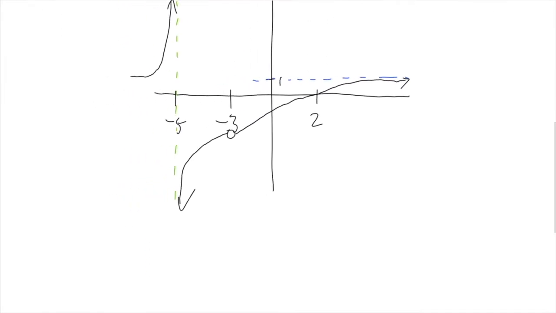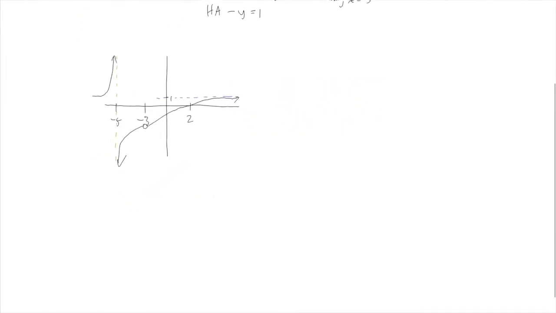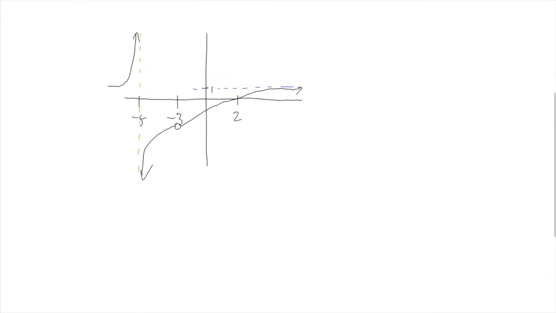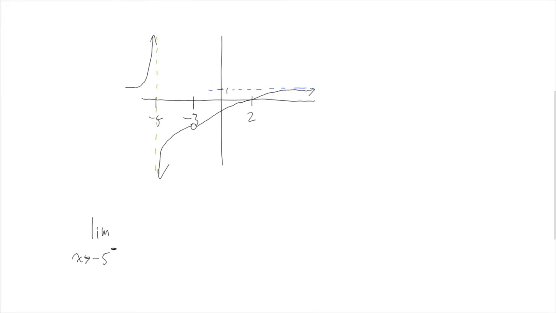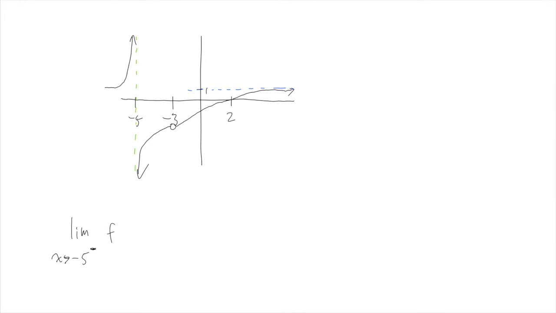So now let's say I want to take the limit as x approaches -5 from the left. Remember, this negative symbol means approaching from the left of f of x. So what is this going to equal?